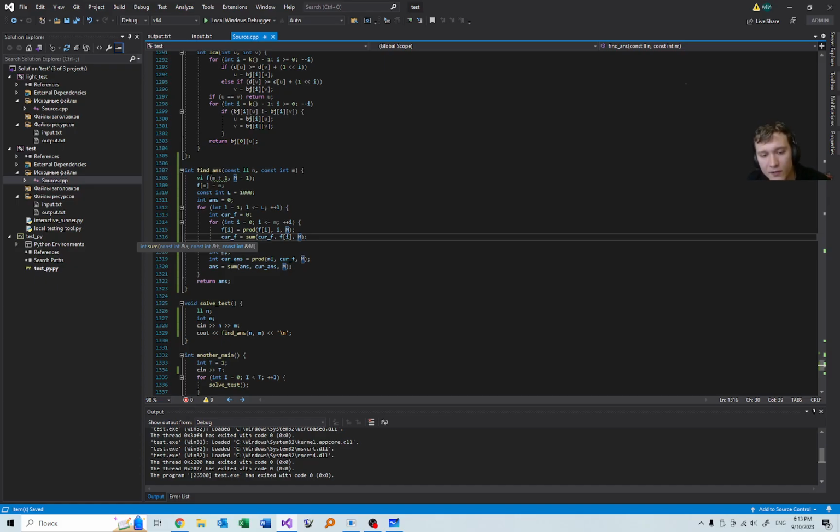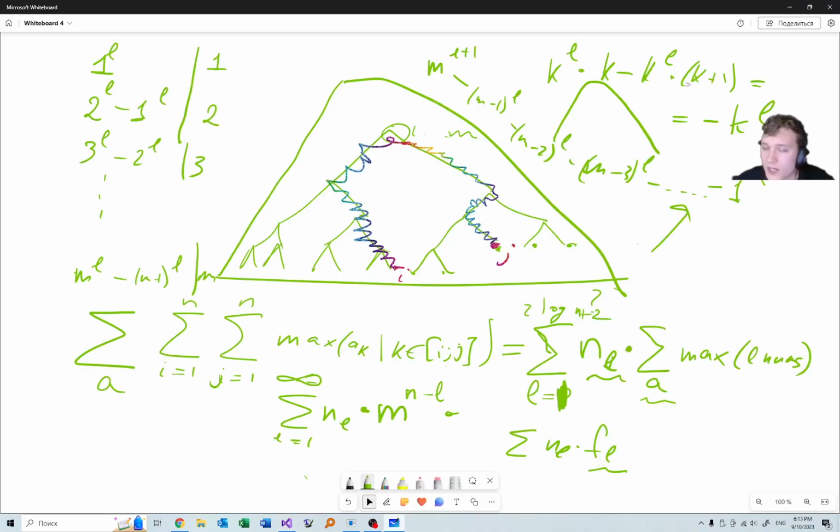Let's think. So we have some sort of big tree, and we need to calculate the number of pairs of vertices with some distance.